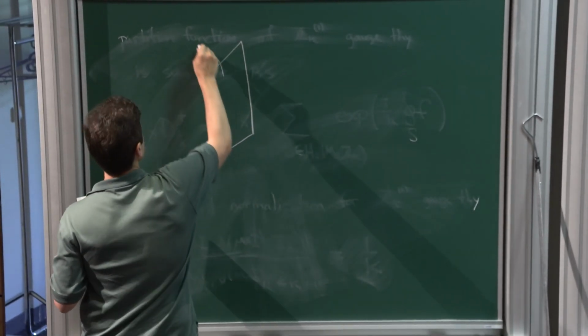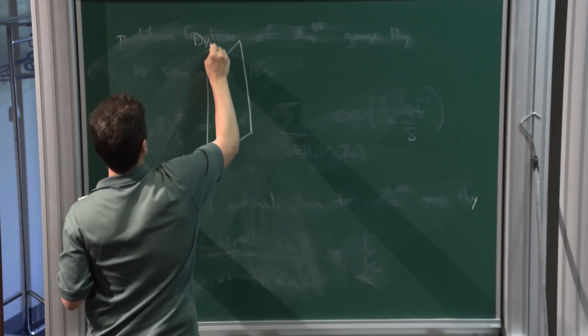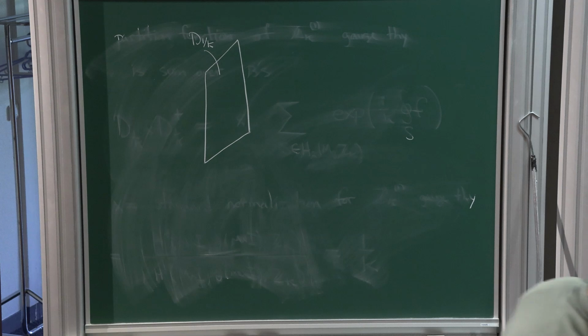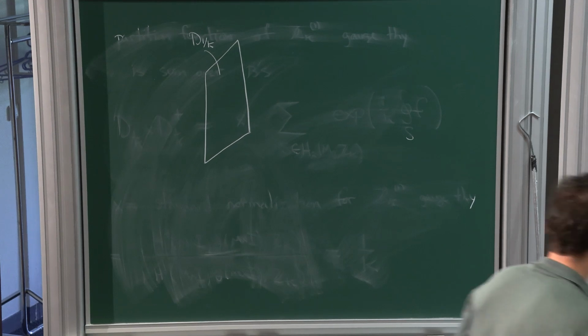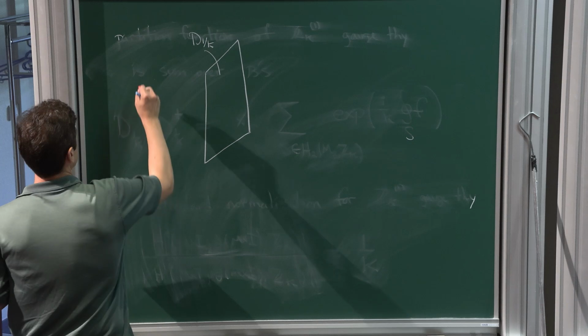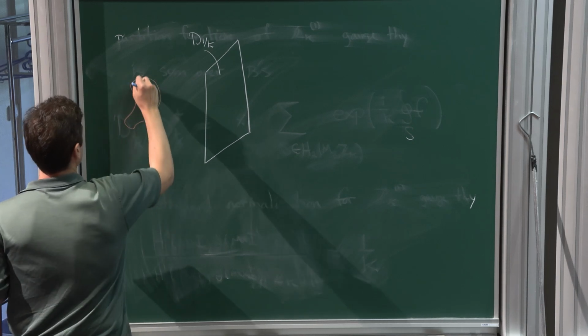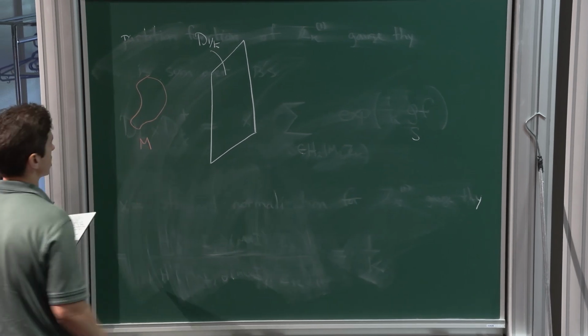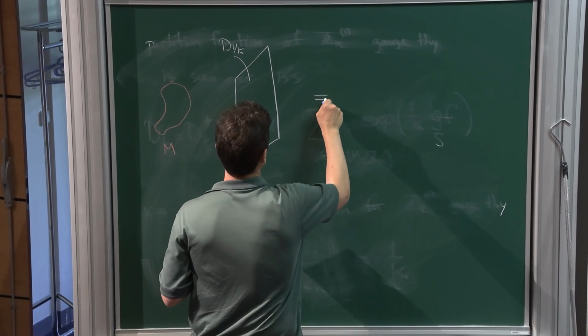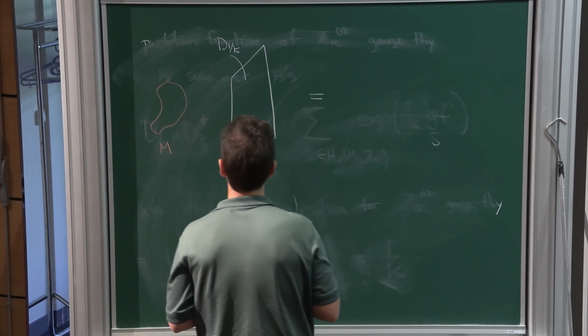So here's this D1 over k. And here, we need some colors for this. Here is this magnetic monopole world line. Now I try to cross them.